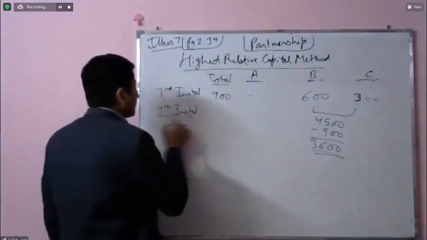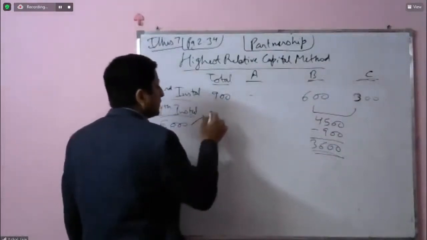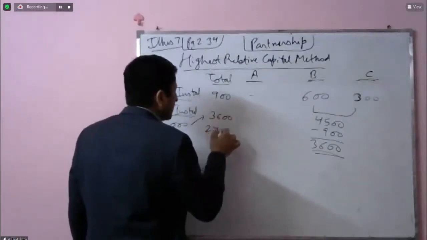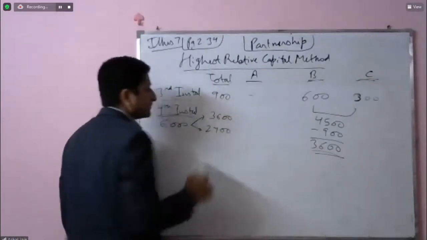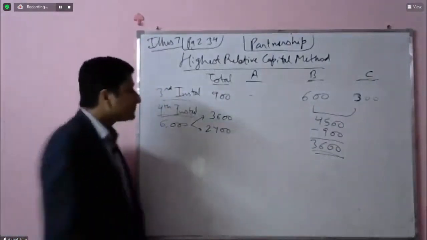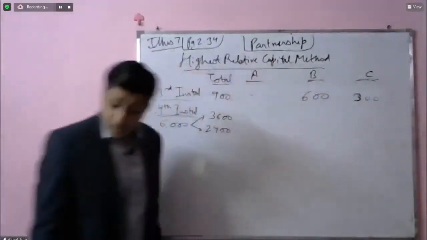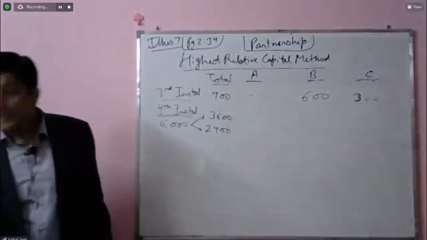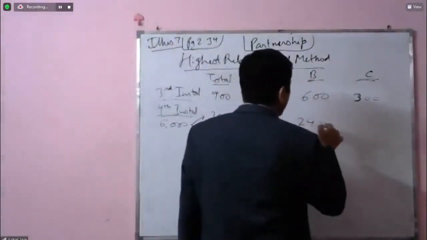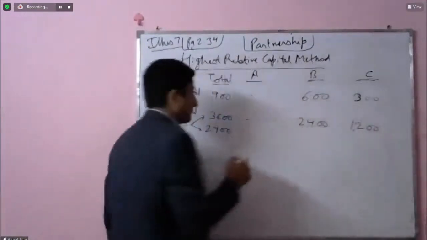This fourth installment, which was equivalent to 6,000, will be broken into two parts, 3,600 and 2,400. This 3,600 will go to only B and C. 2,400 will go here, 1,200 will go here.